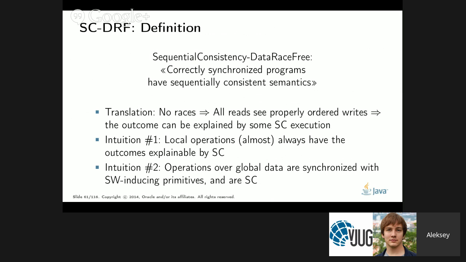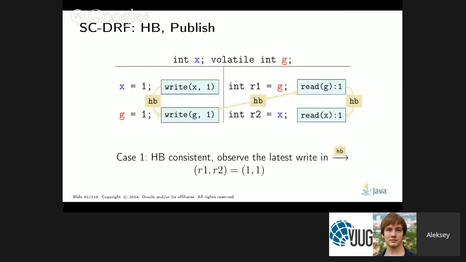And the second part of this intuition is that if I do the operations over global data, and those actions are ordered, which means that I use synchronizations around them, then I define the order over the actions which are visible from different threads, and those are also sequentially consistent because they are also ordered either by synchronization order or happens before.